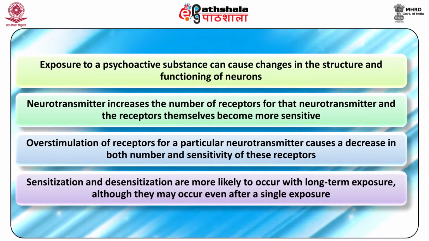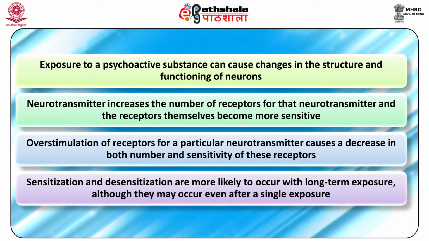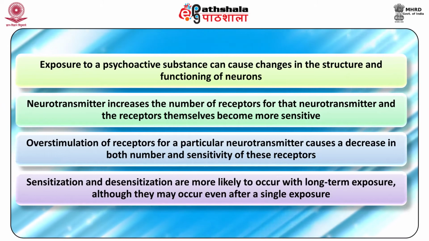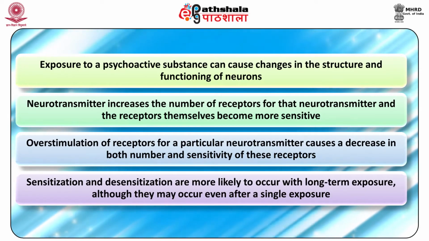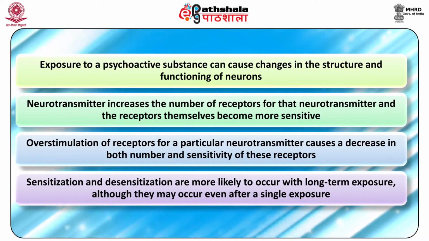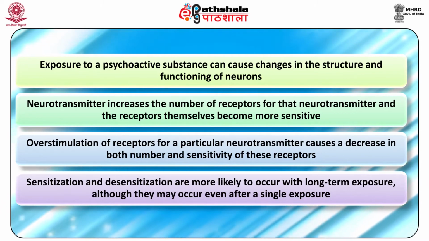Exposure to psychoactive substances can cause changes in the structure and functioning of neurons, as the nervous system tries to re-establish the homeostasis disrupted by the presence of the drug.